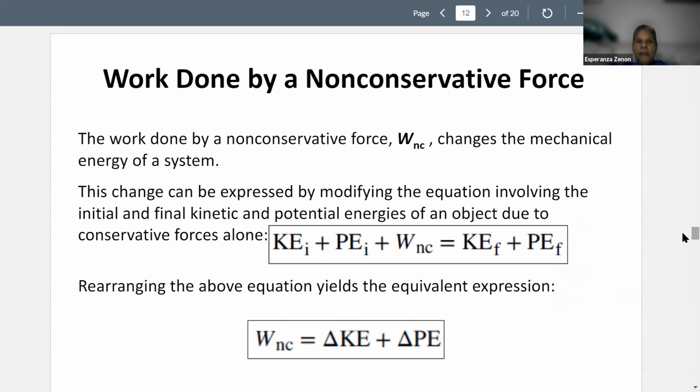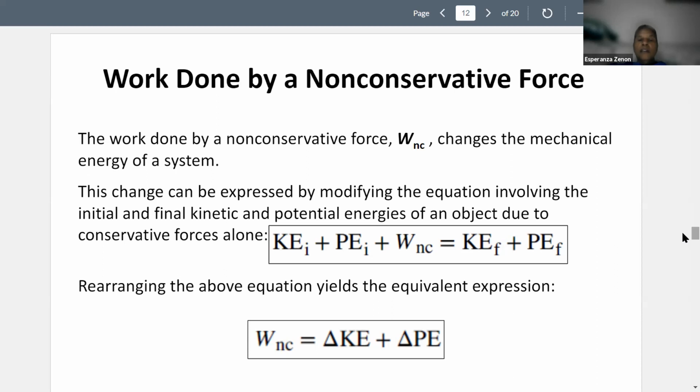All right, so now what we have to talk about is, how do we determine the work done by this friction force? How do we determine the work done by a non-conservative force like friction? Well, we have to take our conservation of energy formula and add in the work done by this non-conservative force.